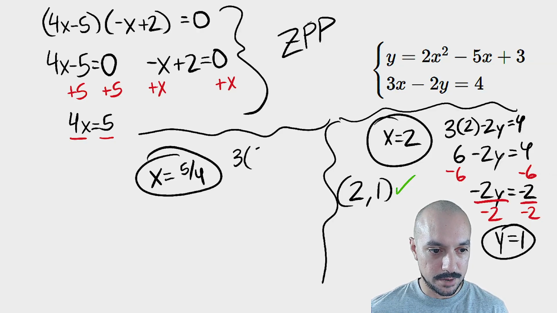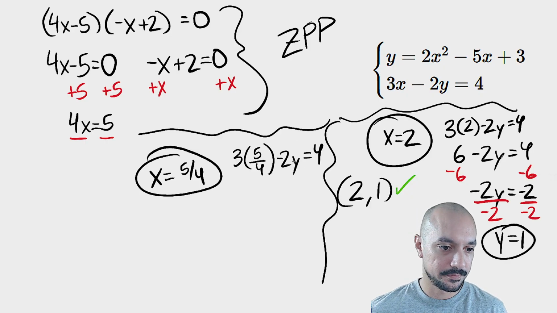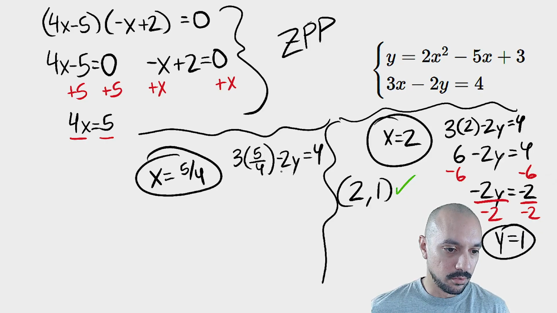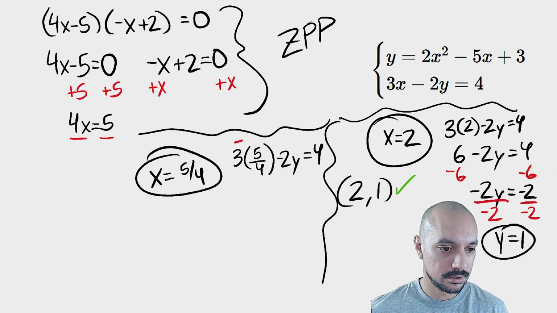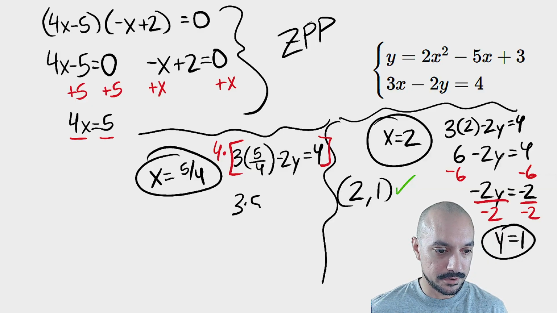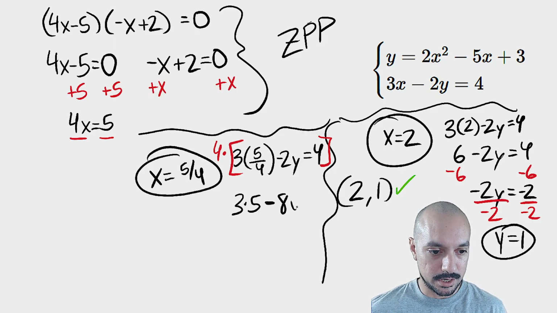We get 3 times x minus 2y equals 4. I'm just going to multiply everything by 4 to get rid of the fraction. Times 4. My first term becomes 3 times 5 because the 4s cancel each other out. My second term becomes minus 8y. And then on the other side of the equal sign, we end up with 16.